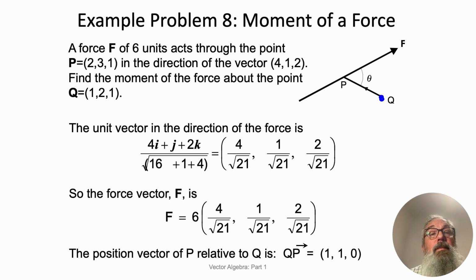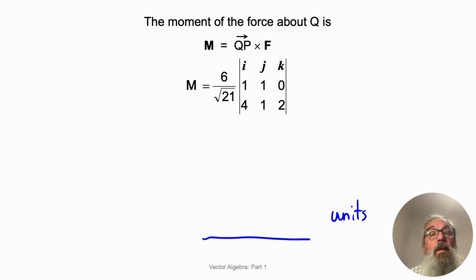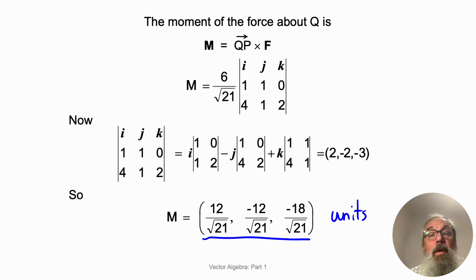So it's P minus Q. And the moment is simply QP cross F. And we expand that. The units are units of distance times units of force. 5.4 in magnitude.